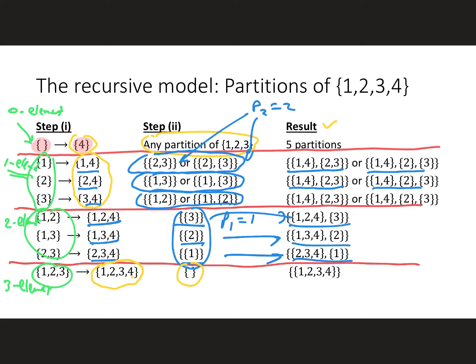That's the empty set partition, and that gives me just the partition with just that one part. So over here, there are 5 that look like this first case, which I didn't list them all because there were 5. So that's because P3 is 5.